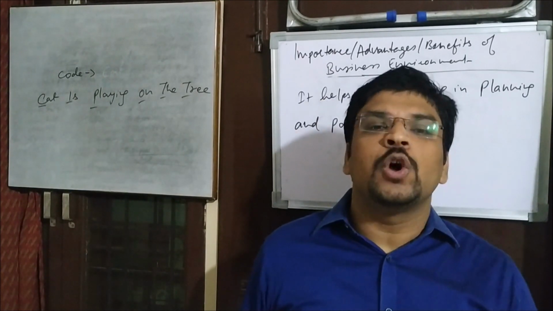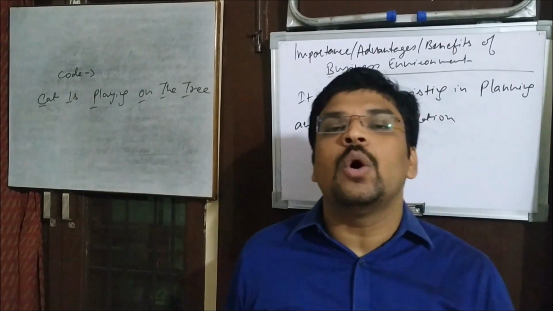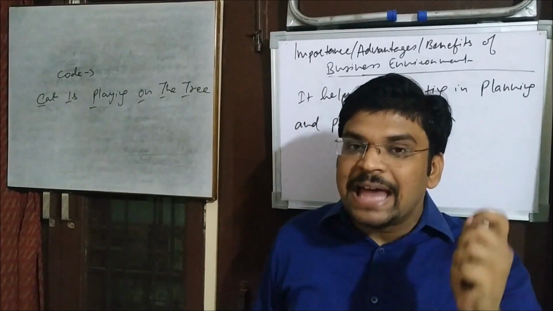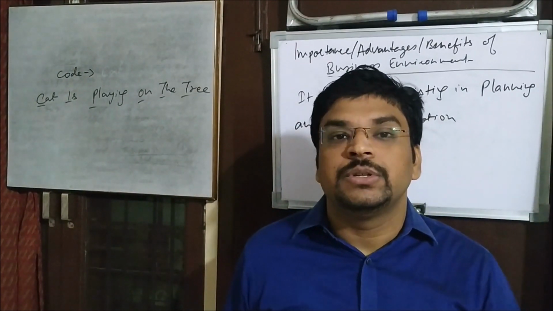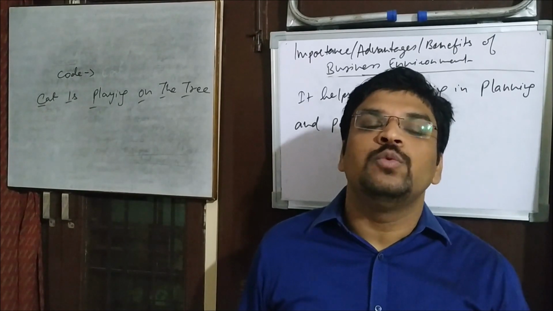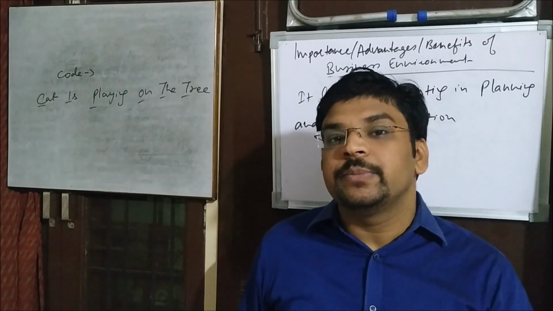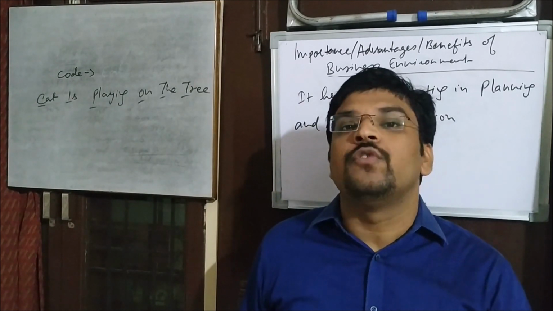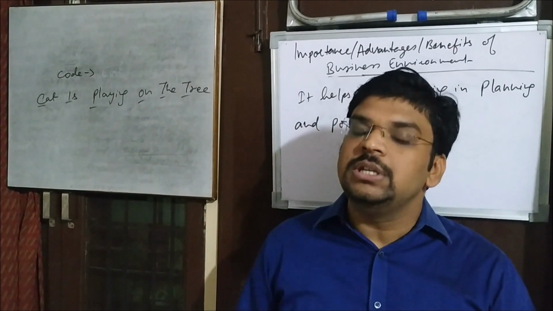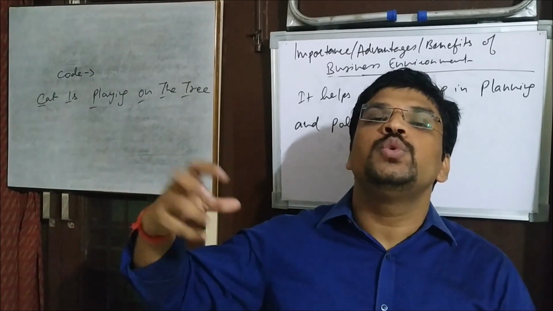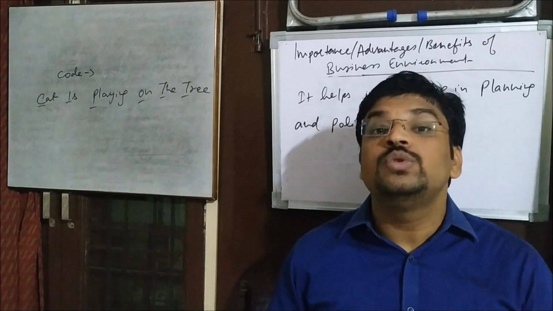So policy formulation and planning is done on the basis of analysis of business environment. That is why business environment once again becomes important for a business enterprise for planning and policy formulation, because these points are going to help that organization to succeed.